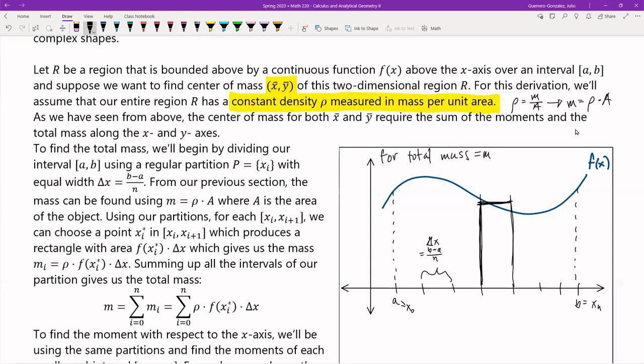We're going to try to find the mass of this one rectangle right here. Okay, so now this is where we're going to use this thing that we solved from up here: our mass is going to be given by rho, the density, times the area. And in this case, we are looking now for the area of this rectangle.